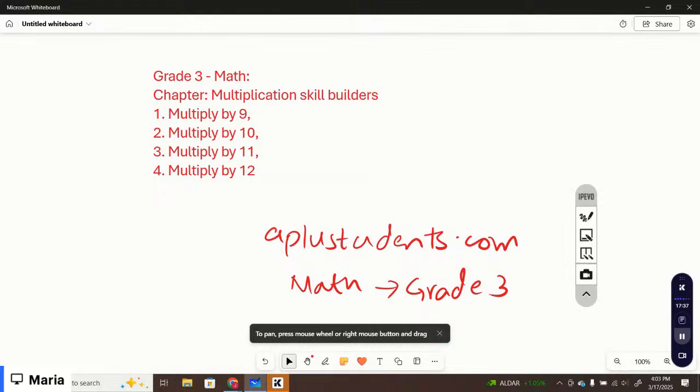We're going to start with the chapter multiplication skill builders. The lessons we're going to cover today are multiply by 9, multiply by 10, multiply by 11, and multiply by 12.